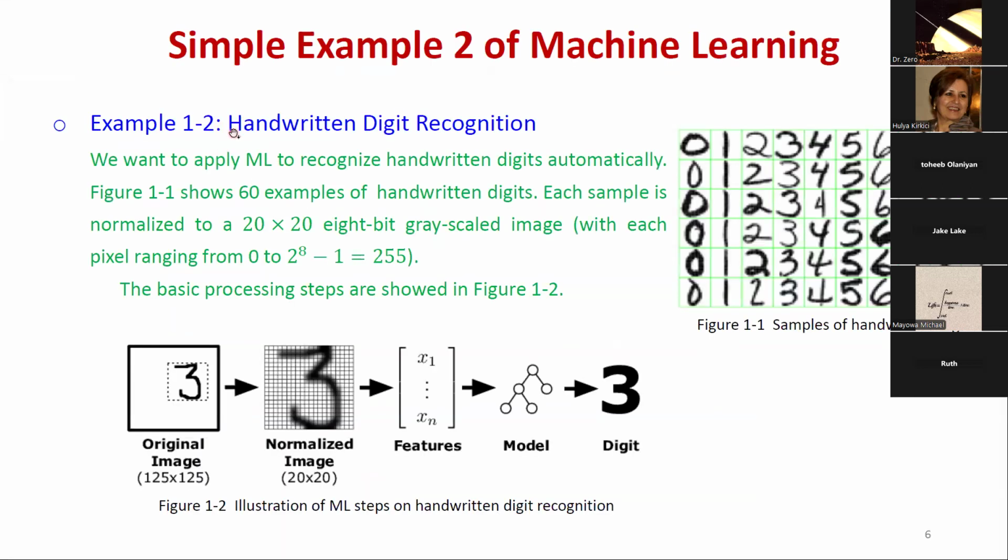Now let's have a look at the second example. It's handwritten digit recognition. We can write those digits and have the AI tell us what each one is, for example zero, one, till nine.